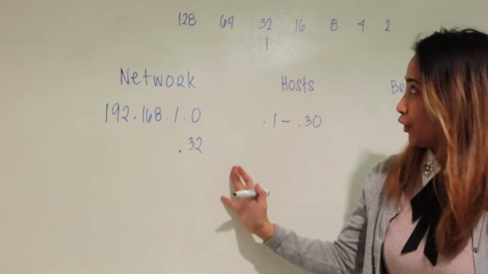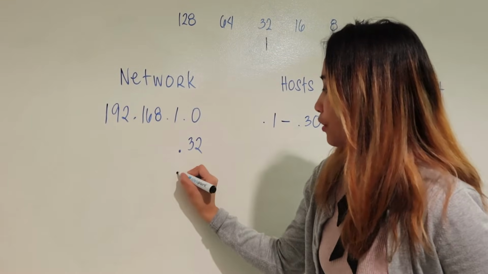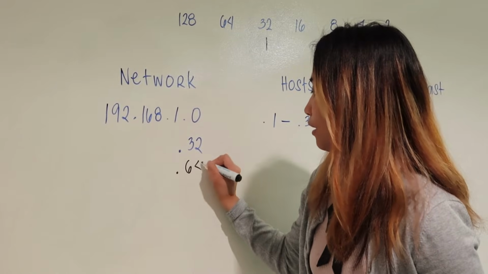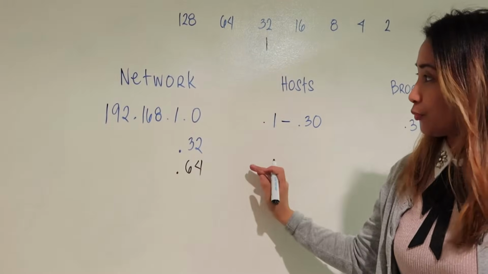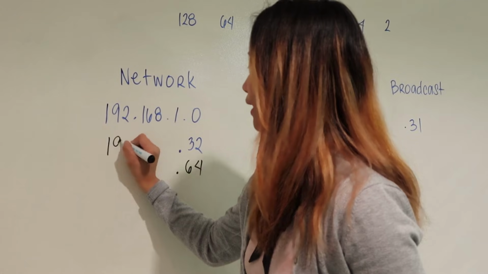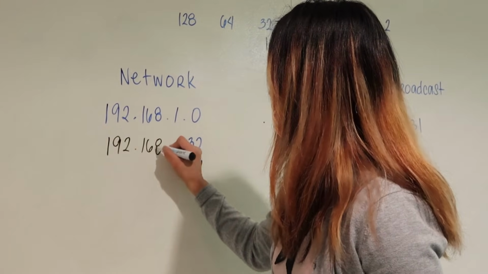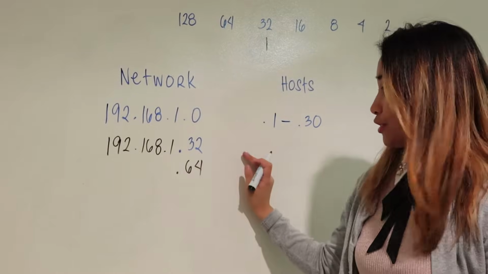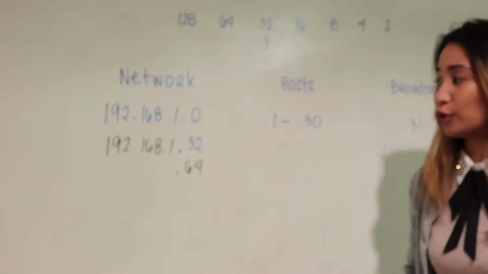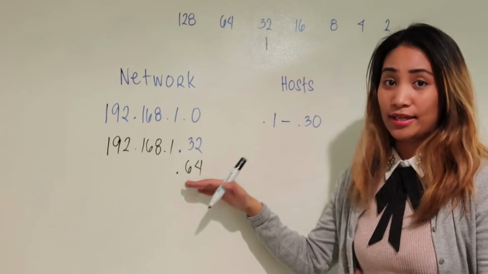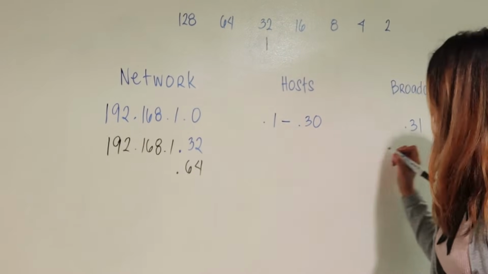So let me just put an increment of 32 for the next network, and that's gonna be .64. So the next network address would be 192.168.1.32, and let's now figure out what the broadcast address will be, and that will be the number before 64. That's gonna be .63.